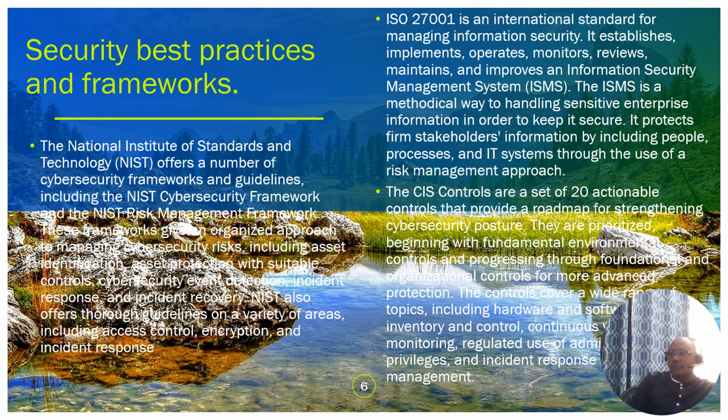Cybersecurity best practices and framework, we're looking at some of the best out there. Look at NIST series, look at 27000 series and the CIS controls. These are some of the standards that have become very popular in the management of data and security as a whole.